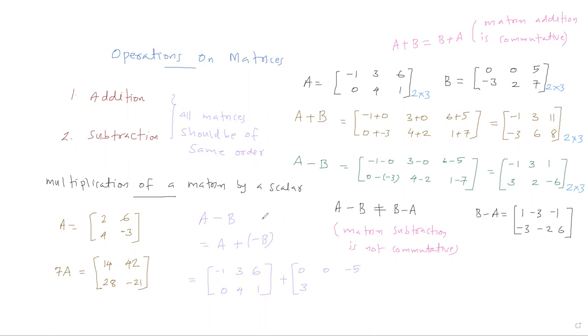Minus b means minus 1 into b. Now multiply every element by minus 1, minus 3, that is minus 2, minus 7. So which is equal to minus 1 plus 0, minus 1; 3 plus 0, 3; 6 plus minus 5, that is 1; 0 plus 3, 3; 4 plus minus 2, that is 2; 1 plus minus 7, that is minus 6.